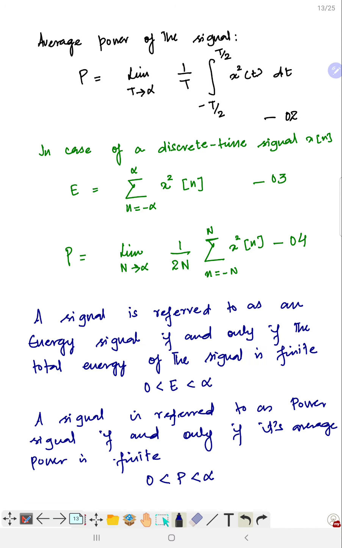Then another, if I combine the property of periodicity, the relations get slightly modified. So let me just put it down here: the average power, if you have a periodic signal. Periodicity we defined in the previous video.